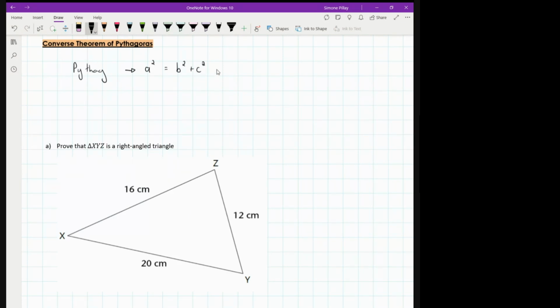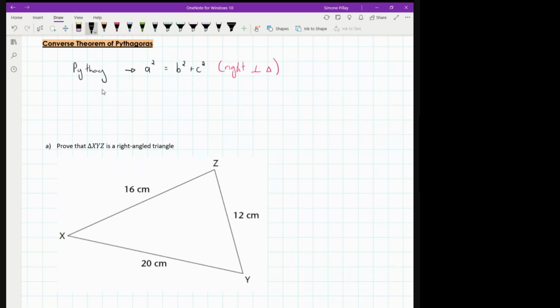So this is the normal Pythagoras. Usually we need two lengths, and we calculate the missing side. And remember, when did I tell you that Pythagoras could only work? Pythagoras only works when we know it's a right angled triangle. We'll only ever use this theorem when we have a right angled triangle.